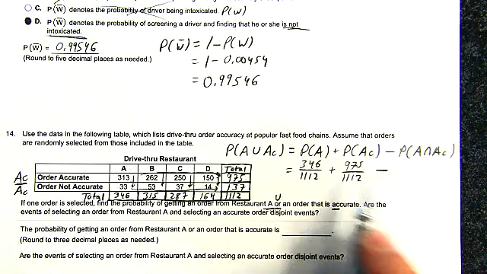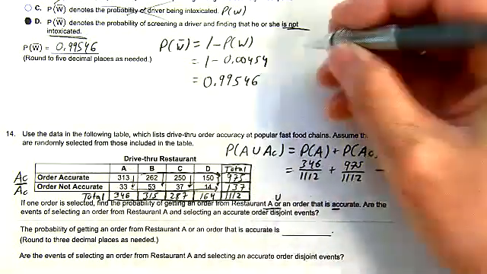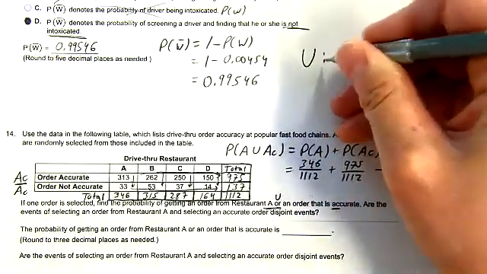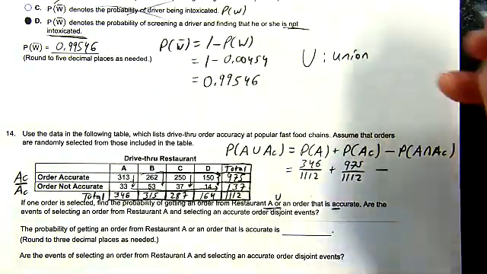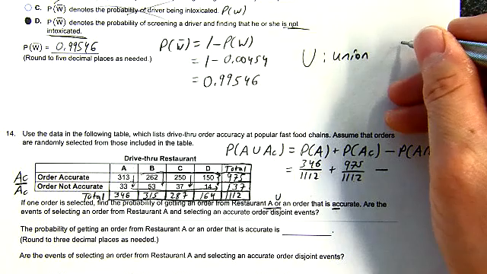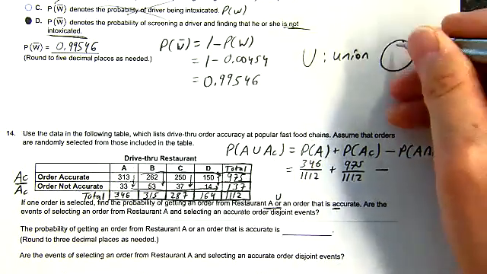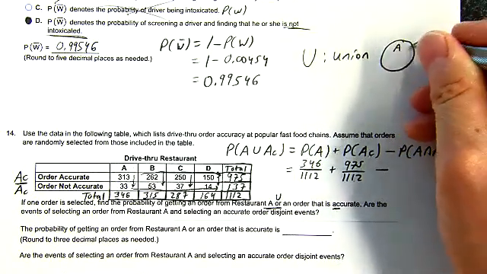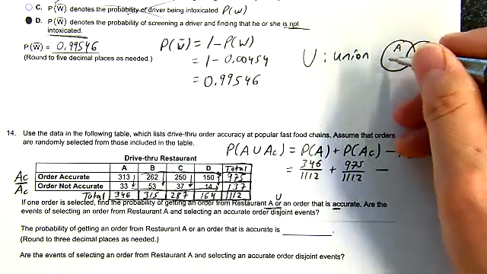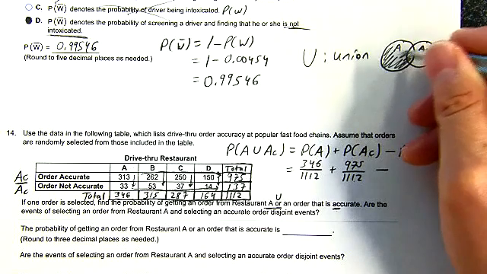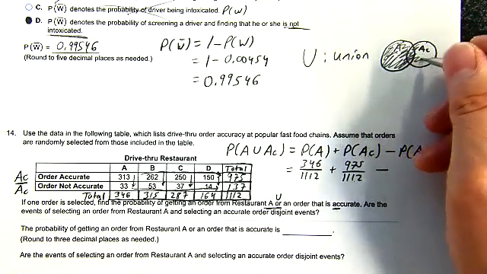Okay. This is called the union symbol. And it means if I have two sets, let's use this example right here, A and accurate, the union symbol says take all of A and take all of accurate. So you take all of these numbers.